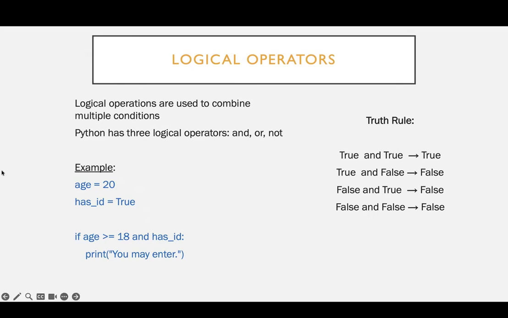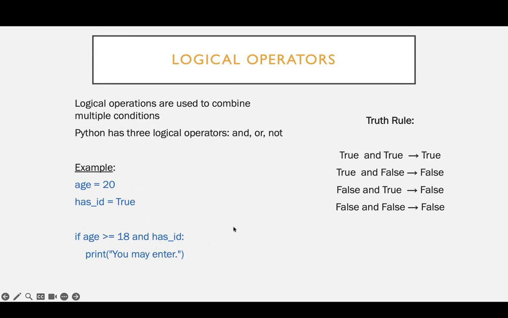In this case, we want to check whether we have an age and whether this person has an ID or not. If the age entered here is greater than or equal to 18 and this person has an ID, then we're going to print you may enter. So this will only be printed if both conditions are true, right?